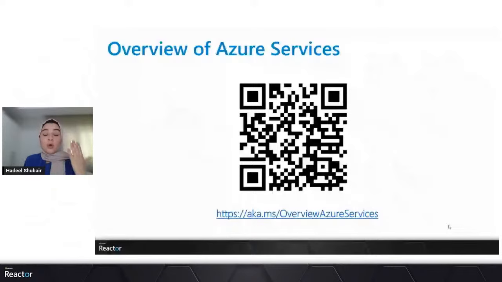So either scan the QR code, or you can copy the link, which will be in the chat as well, aka.ms/overview Azure services. So have a look, explore the different Azure services, look at the different categories, and see what you might be interested in exploring and learning more.